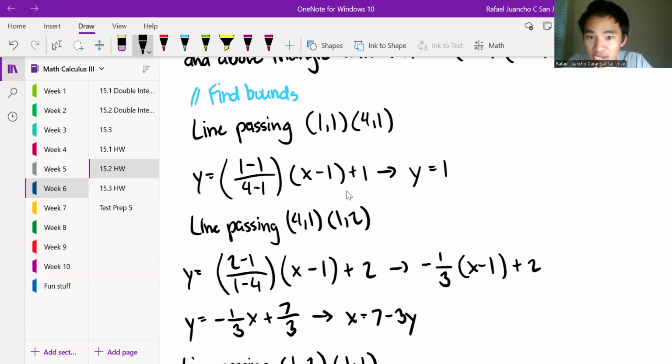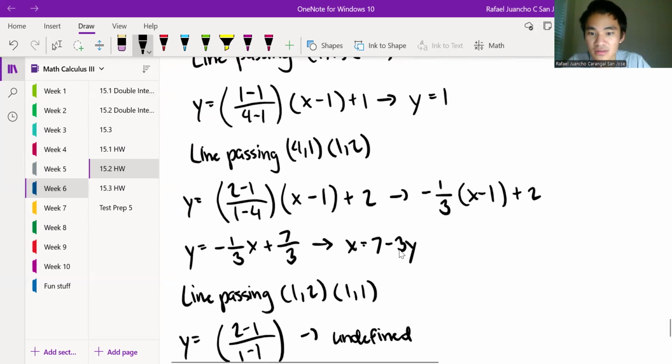Oh, look at that. When y is 1, okay, I'm confused. I'm going to be honest, I'm confused. Can't think of a way to understand this in a very nice way.